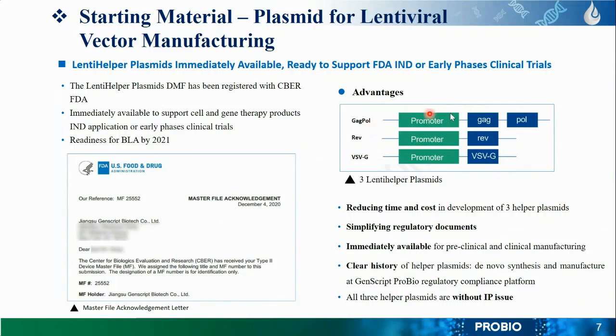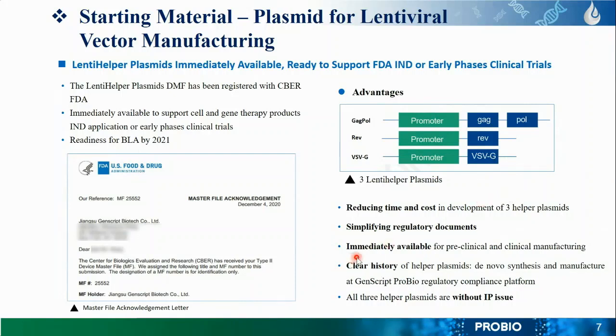I would also like to talk about the advantages of our Lenti helper plasmids. We use the 3rd generation, which is ideal for many different things. For example, it reduces time and cost by using the 3 helper plasmids, and it simplifies regulatory documents, so it's easier to access.